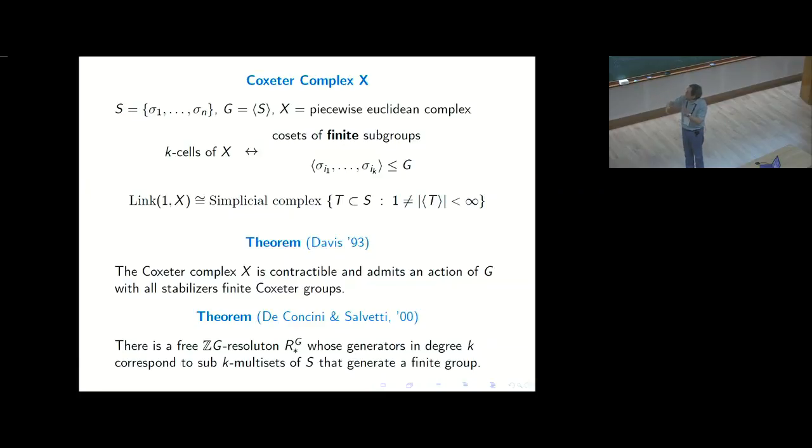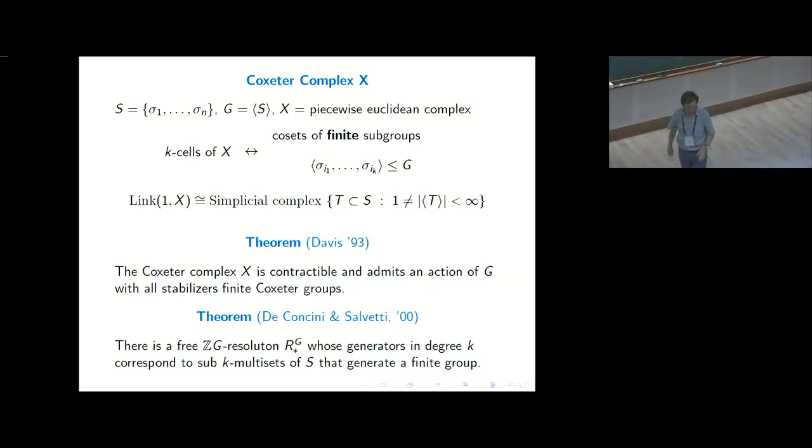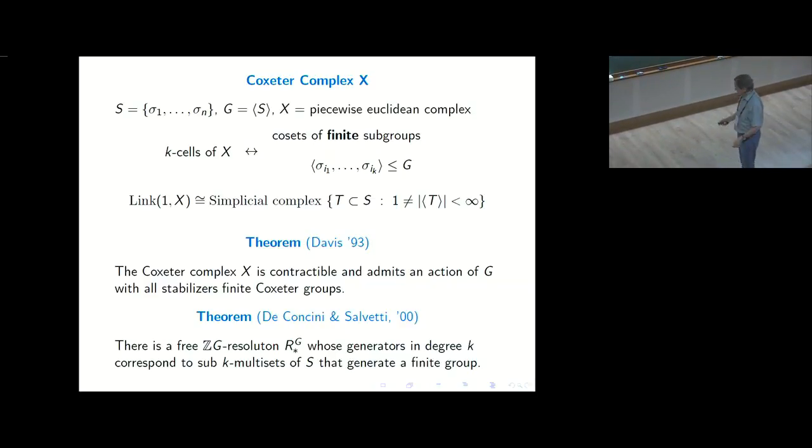But I only want to consider those multisets of size k that actually generate a finite Coxeter group. This is just using that complex and Wall's resolution, and I'm a little bit unsure of myself. The method of De Concini and Salvetti is quite different, and they give an explicit, rather complicated, formula for the boundary.